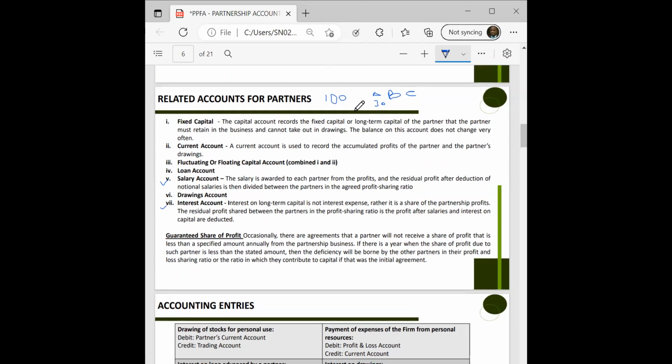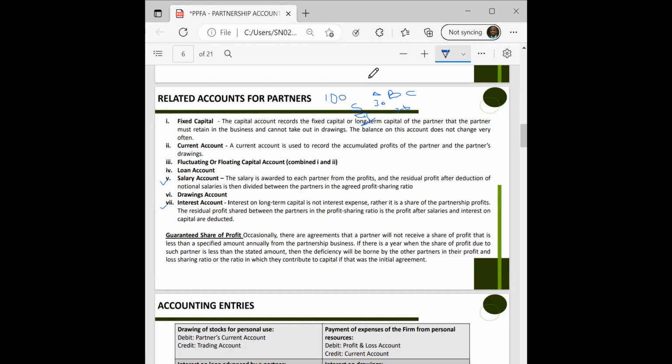So using my example, let's say 30 goes to A. This one is the salary. Then let's say B is interest. B charges interest on his own money. Let's say on his capital account is 20. What is left is 50. The 50 will now be shared between A, B, and C based on their agreed sharing ratio.